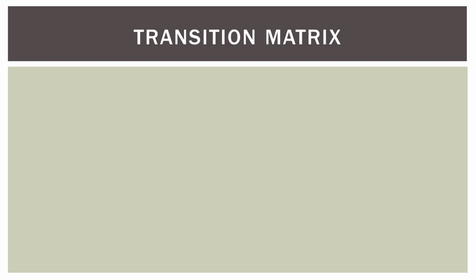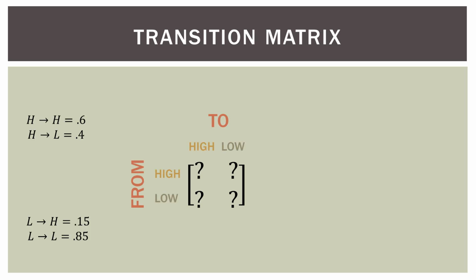Now we can also write this as a matrix. So I just want to tell you here, the 2 probability trees we did at the beginning, the transition diagram we just did, and the transition matrix we're going to do, it's different ways of representing the exact same information. So just a reminder, here are our probabilities for high to high, high to low, low to high, and low to low. Now we set this up as a matrix.